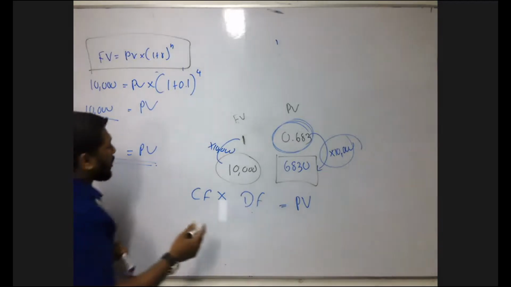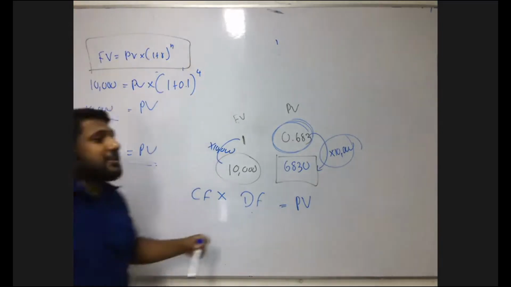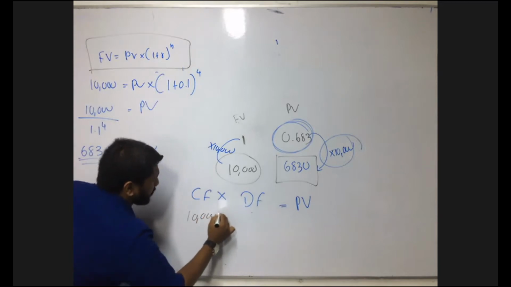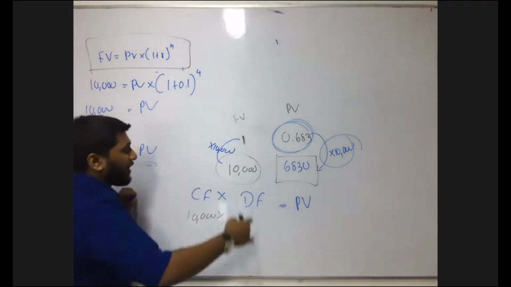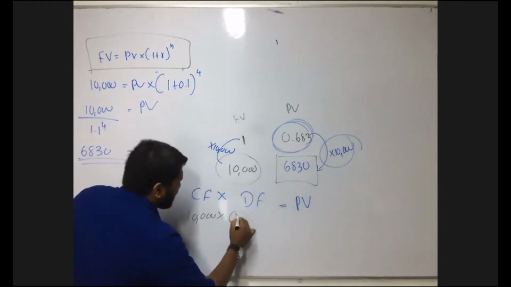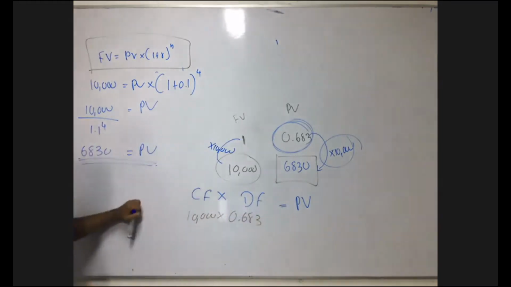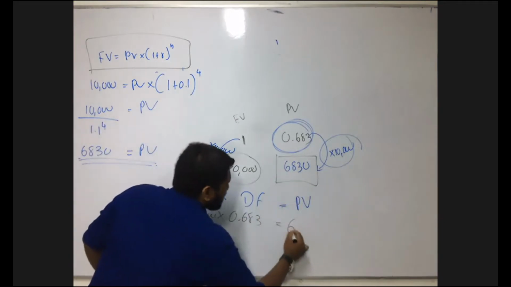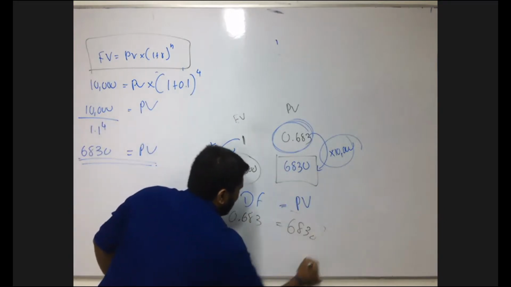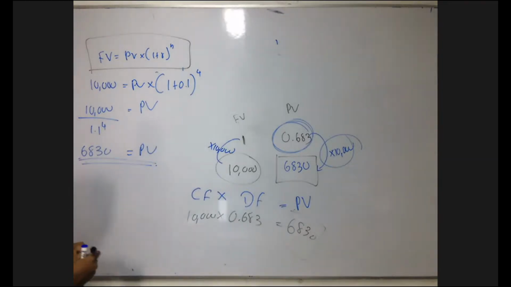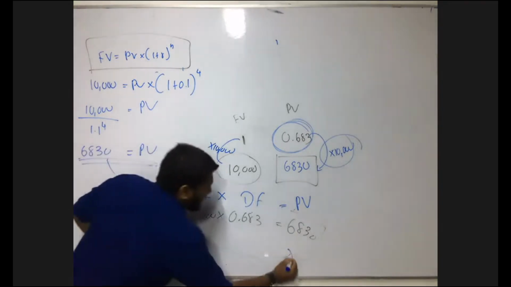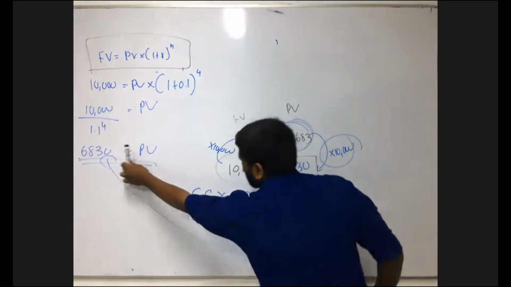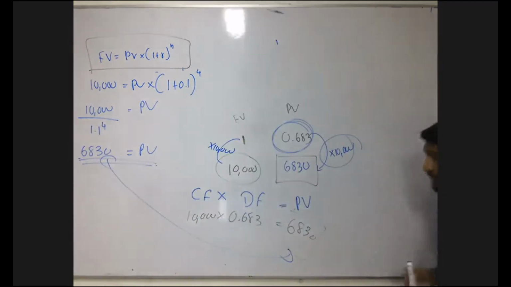Your cash flow in this question is $10,000, and the 10%, 4-year discounting factor is 0.683. Present value is 6,830. You will get the same answer here also, 6,830.